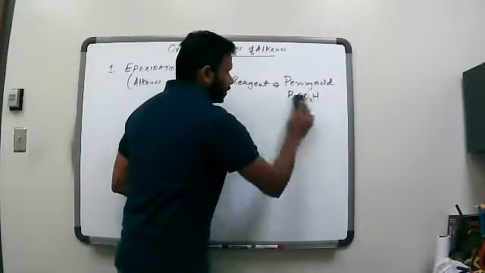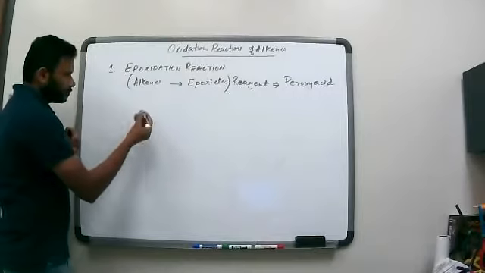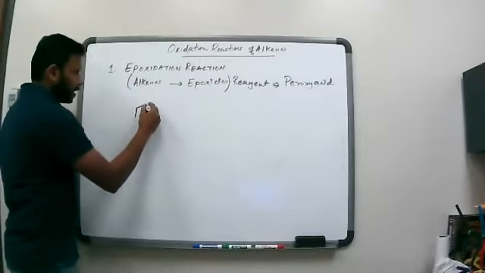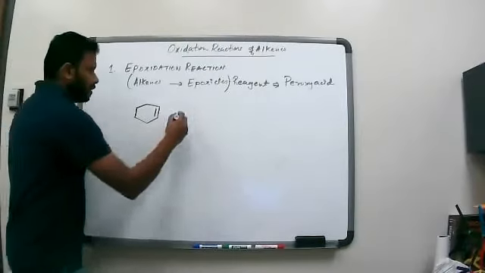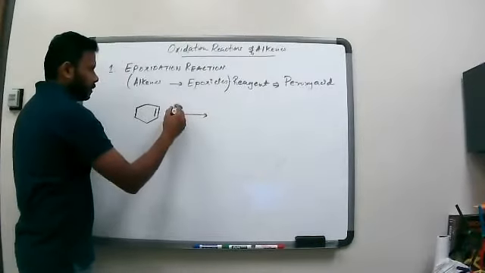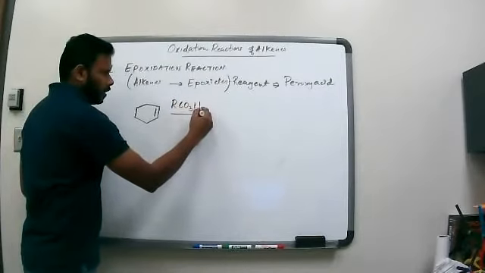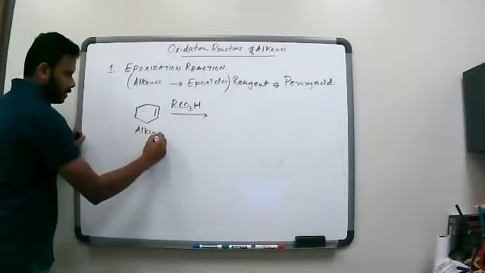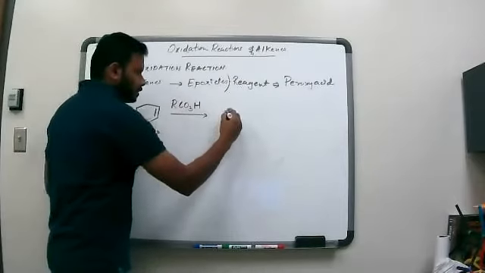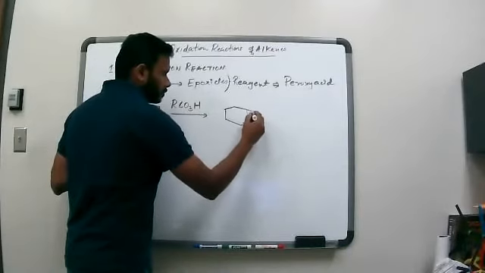So let's look at the reaction. Essentially, if we have an alkene and we react it with a peroxy acid, RCO3H, our product is an epoxide.